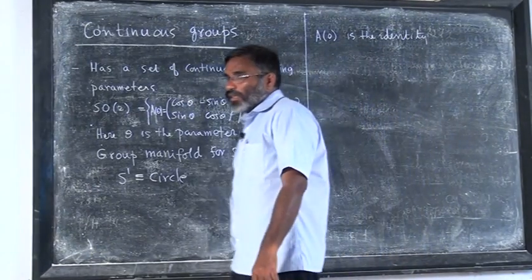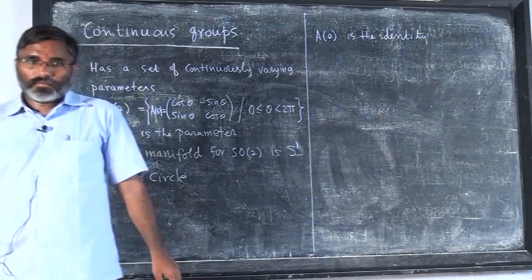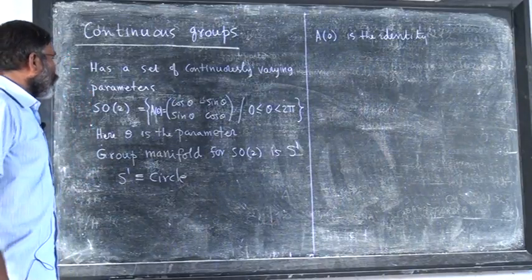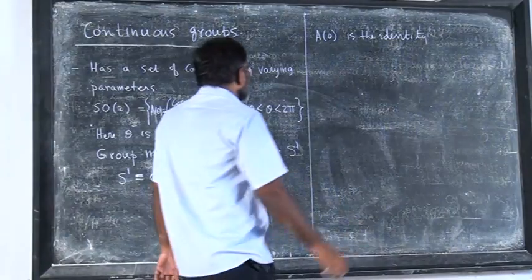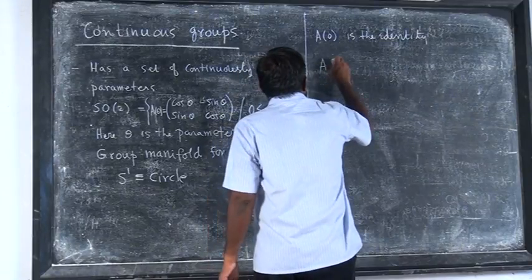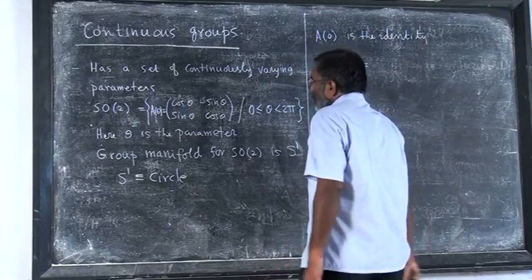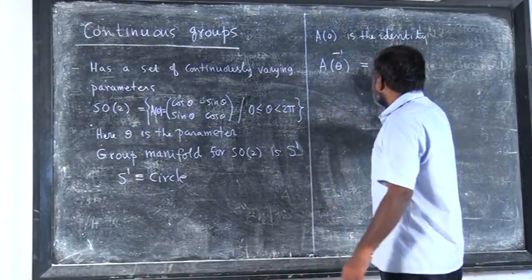A of 0 is the identity. What about inverse? A of theta inverse will be A of minus theta.